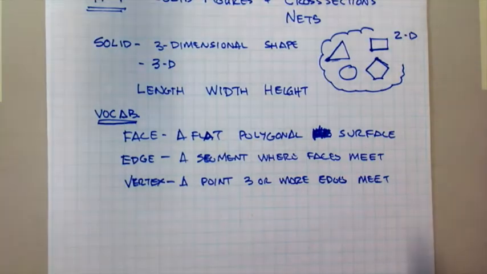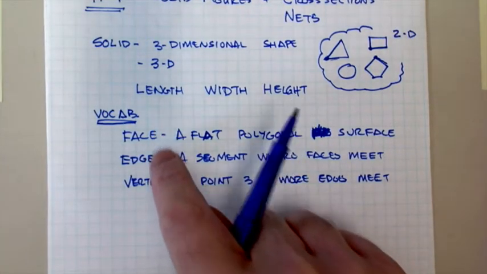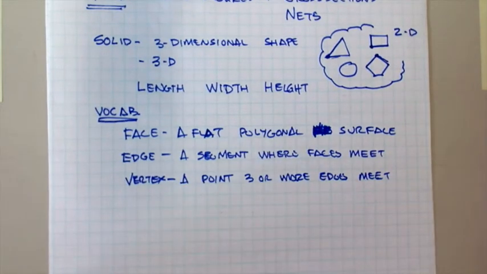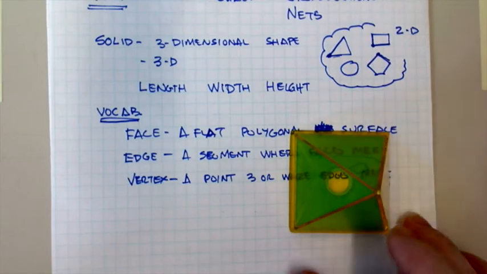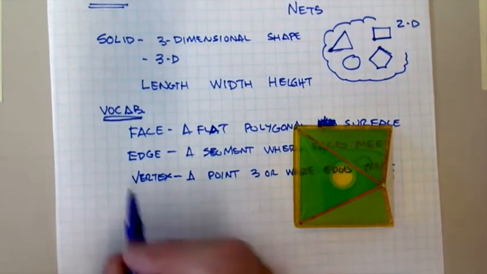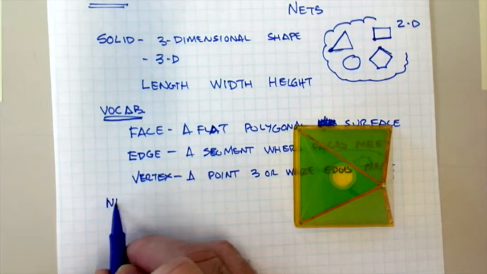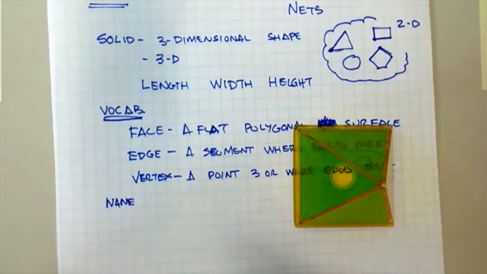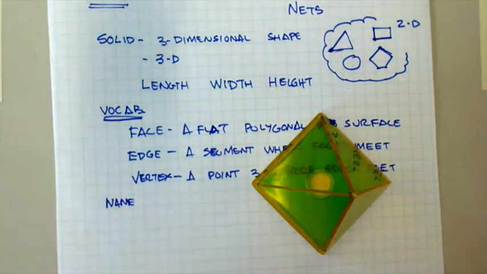Now, when I look at these faces, edges, and vertices, I want to talk about naming them. Okay? When we name them, we're going to name them by their shape. So if I want to name this shape here, I'm going to name it by its vertices.